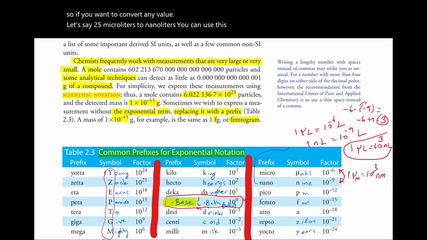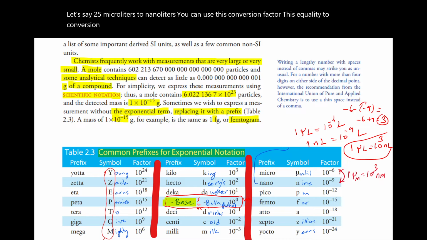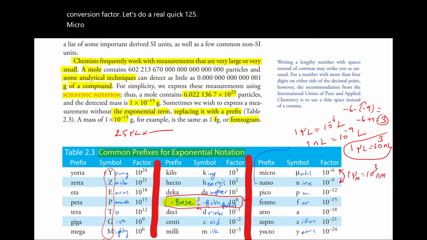So if you want to convert any value, let's say 25 microliters to nanoliters, you can use this equality as a conversion factor. Let's do a real quick one, 25 microliters. We know 1 microliter is 1,000 nanoliters. So that will be 25 times 10 to third nanoliters.